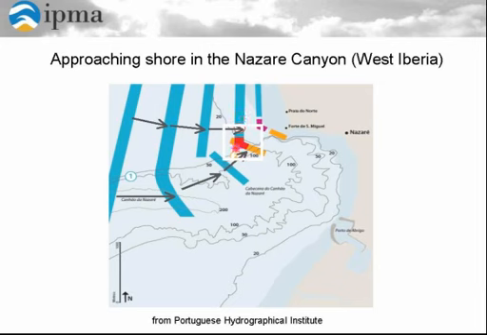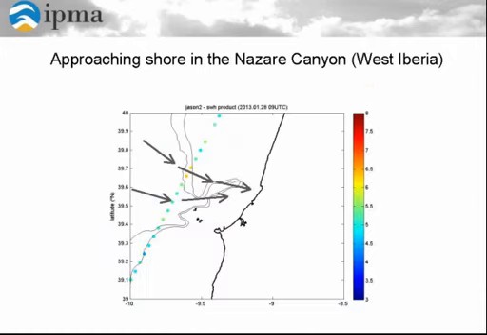And so the situation over here at the end of the canyon is quite impressive, because almost all of the wave energy is here, since you don't lose energy by refraction, and also because of the positive interferences, so you have lots of energy here.